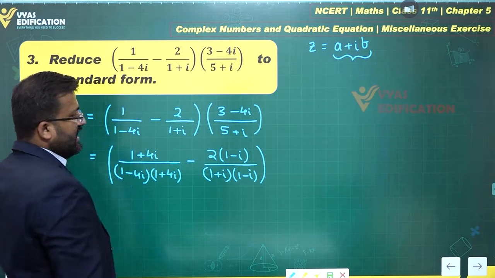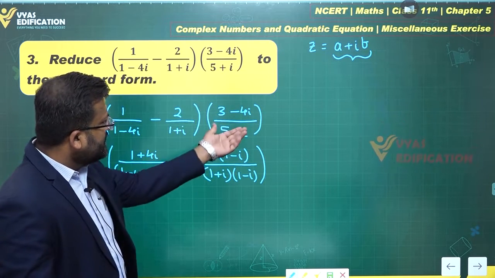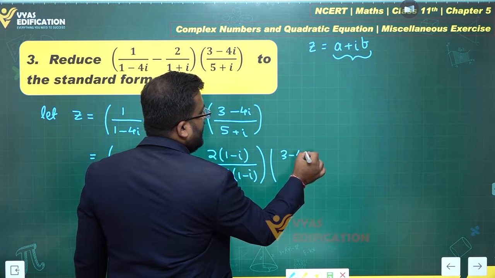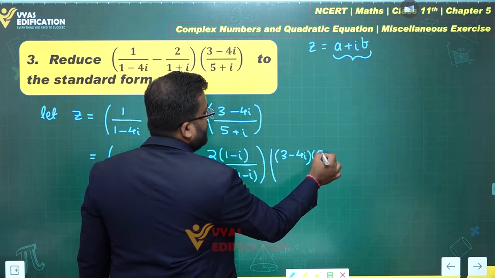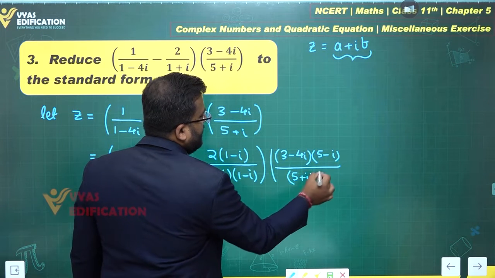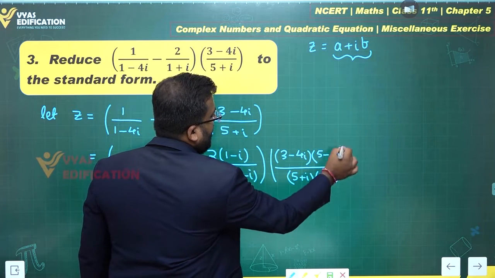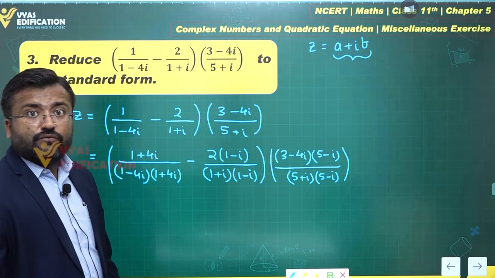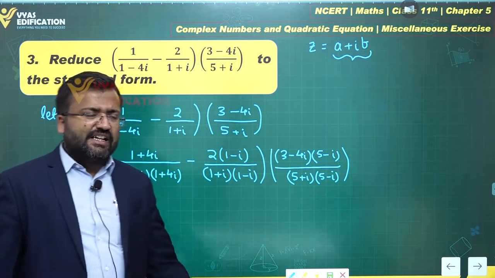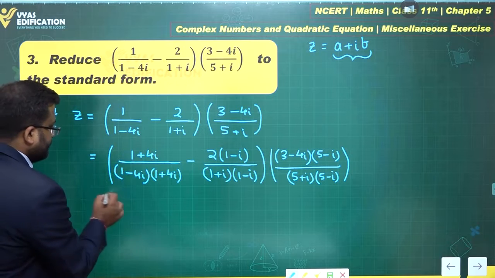Okay. Once I do this, can I do a similar thing over here also? Yes, I can do a similar thing over here. This is 3 minus 4i, multiply it with 5 minus i, and let's multiply with 5 minus i in the denominator as well. Where did you get that 5 minus i from? It is the complex conjugate of 5 plus i, right?